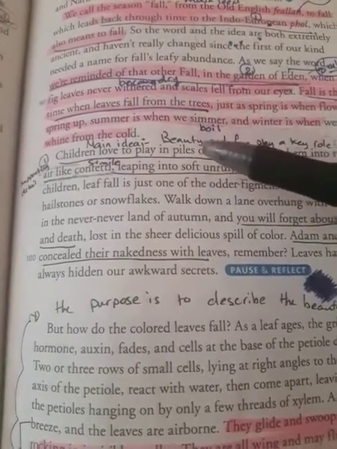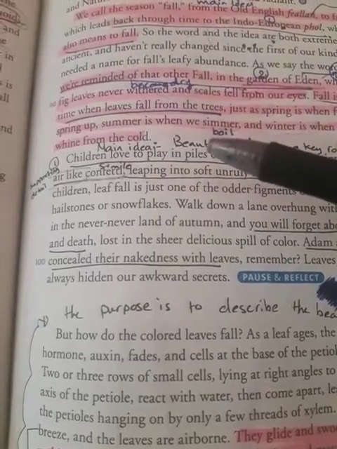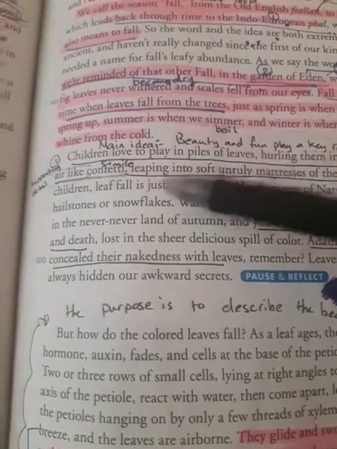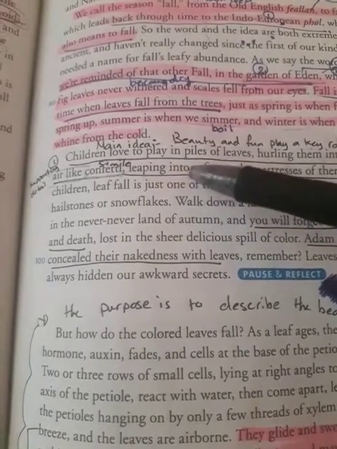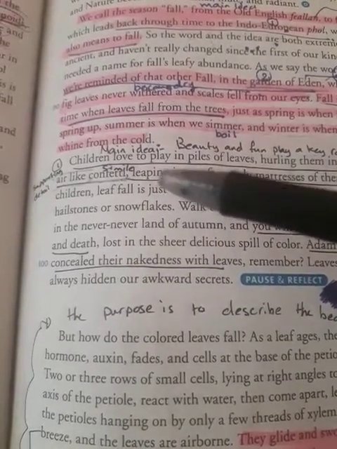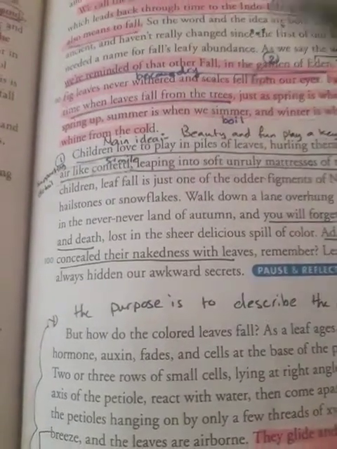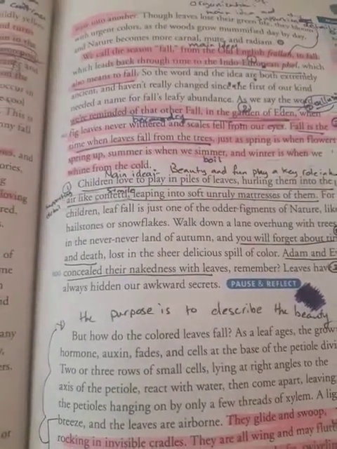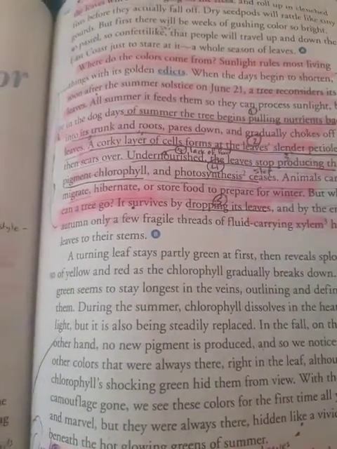But before I start, I want to remind you of her patterns of organization. I told you that she uses at least three patterns of organization to arrange and present her ideas. The first pattern of organization was the use of cause and effect in this paragraph.